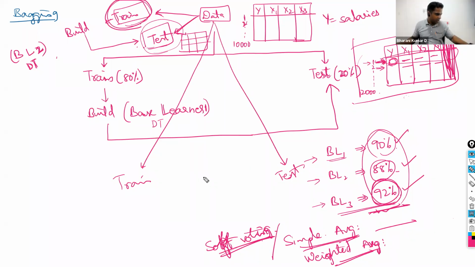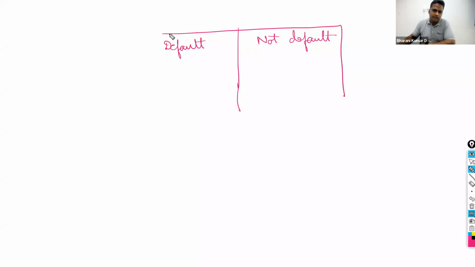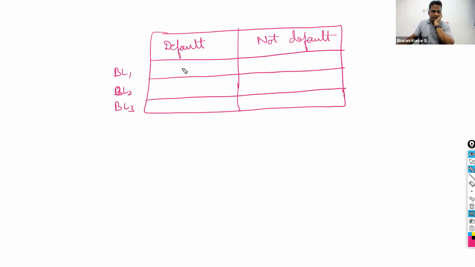Now, I would like to take an example where we have a two-class problem, whether a person will default or not default. Say you have three base learners, base learner 1, base learner 2, base learner 3. Base learner 1 predicts that there is probably 70% or 75% probability that a person will default.